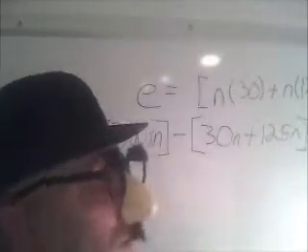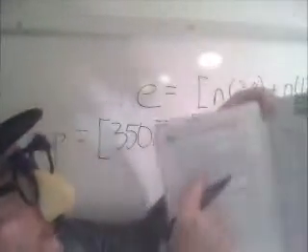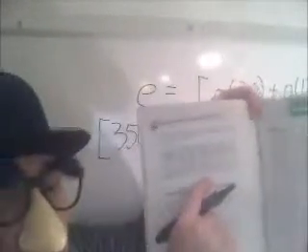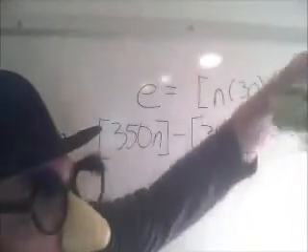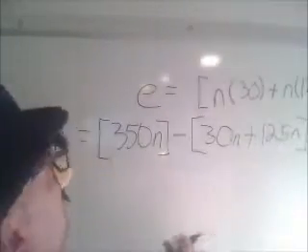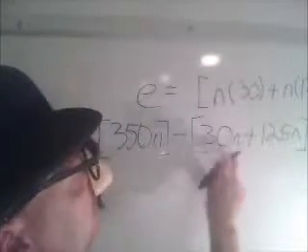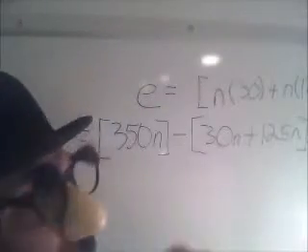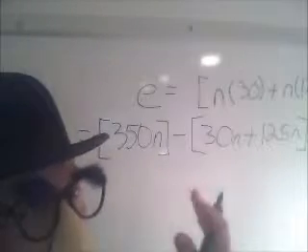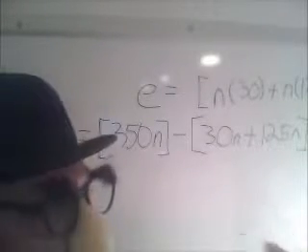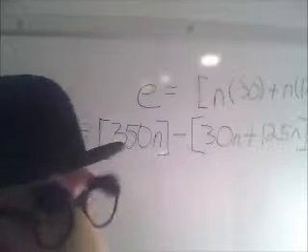Instead of having to go through all this mess with this table, now we have an equation which allows us to do it automatically. P equals 350 times n minus 30 times n plus 125 times n. I'm going to do one example, but not the one in the book, because you have to do that.